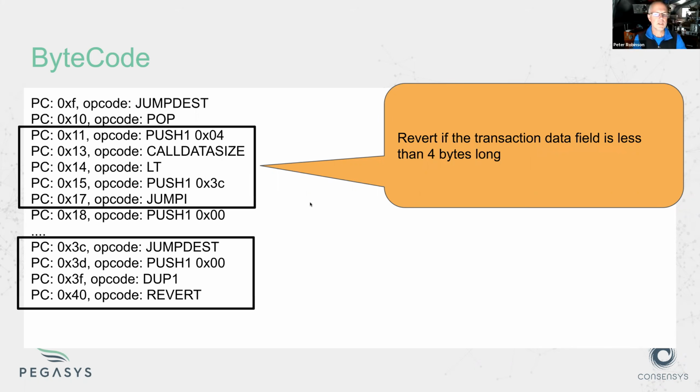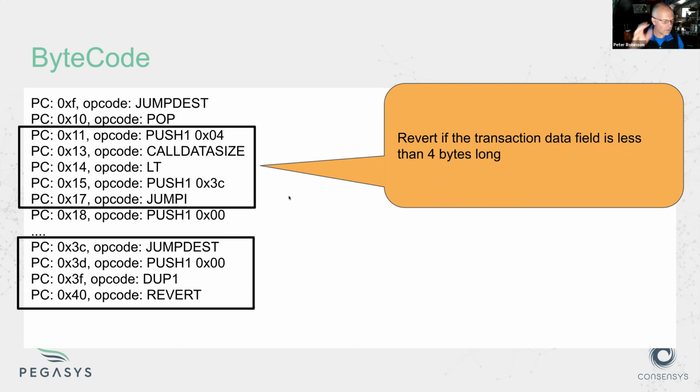So what that push 1 down to the jump I are all telling you is if the transaction data field has less than 4 bytes, then we want to revert.